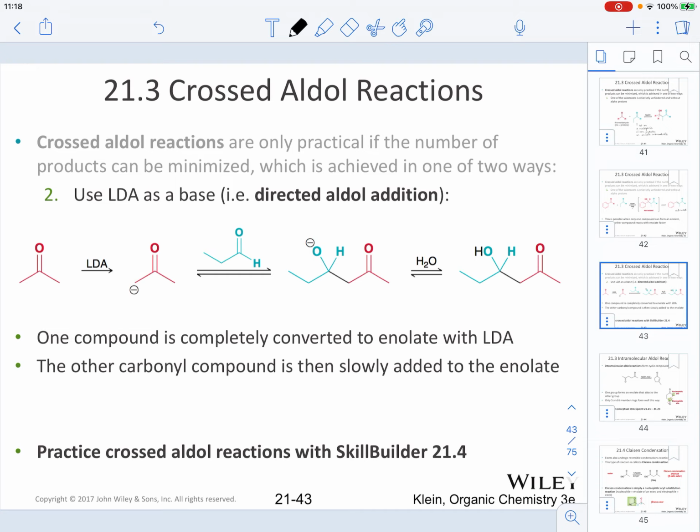Okay, once that occurs, then we have a directed way to form the product that we are interested in. Understand that in this reaction, we're going to have a workup in order to get the hydroxyl group, because the oxygen that is negatively charged needs to be protonated.